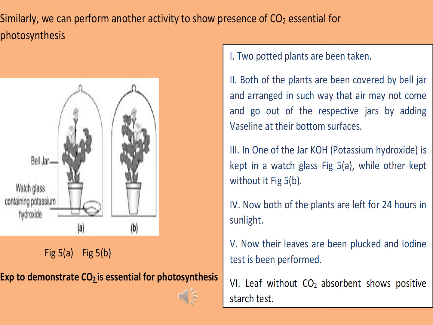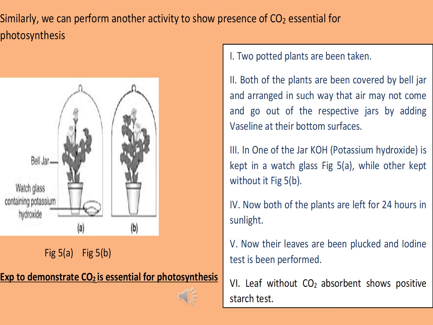Now both of the plants will be left for 24 hours in sunlight, and after that we will pluck a single leaf from each, and we will repeat the same process of decolorization.